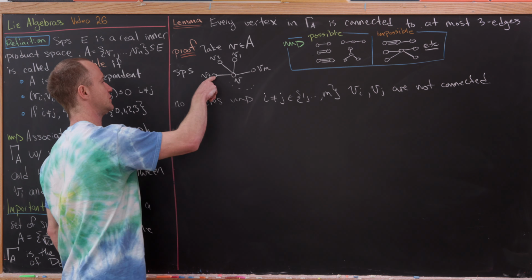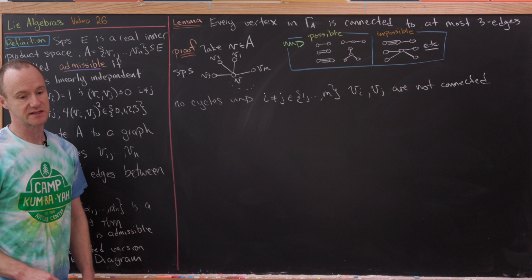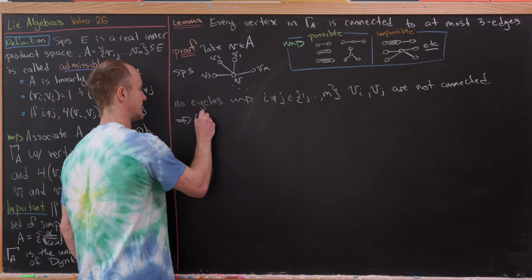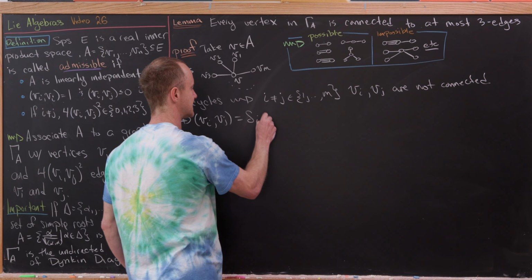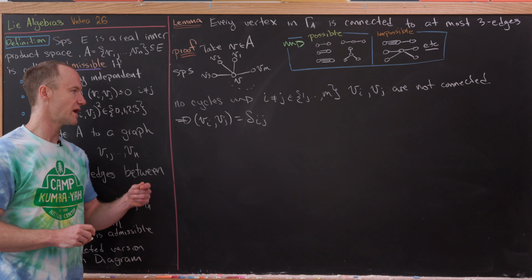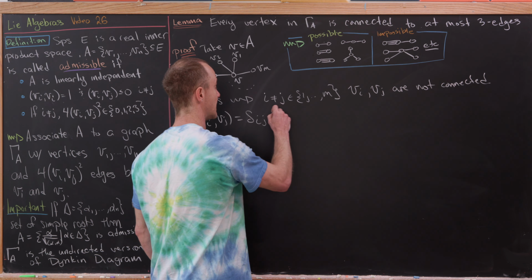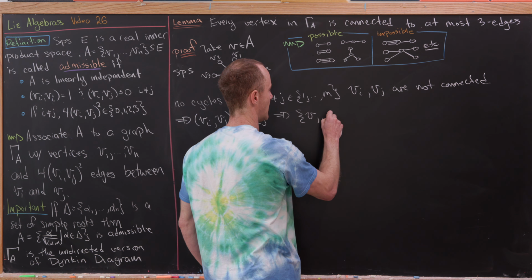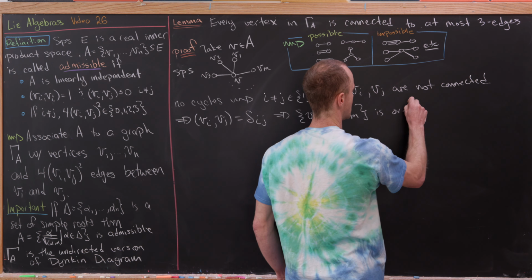So if V2 and V3 were connected, we have a 3 cycle connecting to V. But what does that tell us? Well, that tells us that if we take the inner product of Vi with Vj, we're going to get delta ij. We're going to get 1 if i is equal to j and 0 otherwise. So in other words, the set V1 up to Vm is orthonormal.